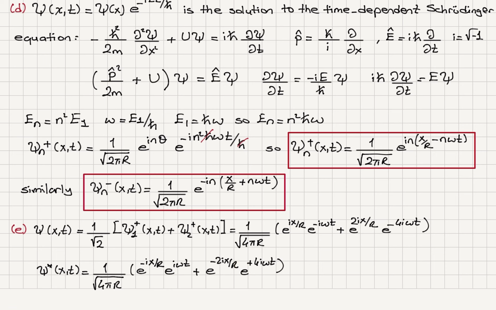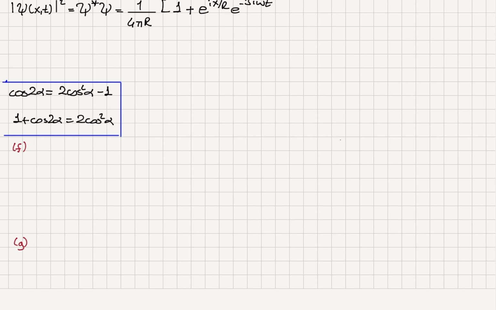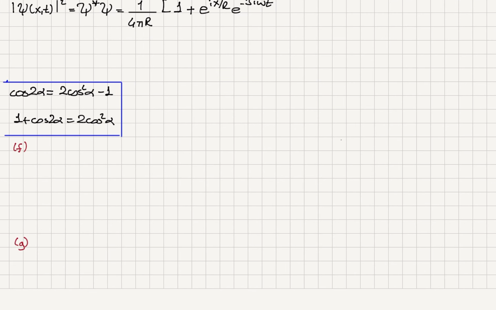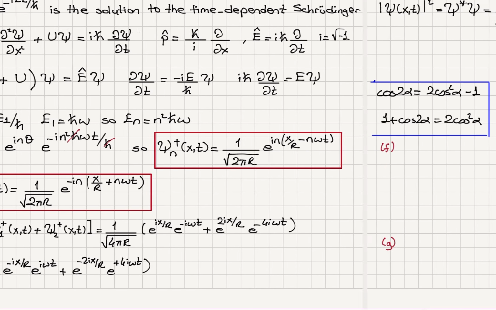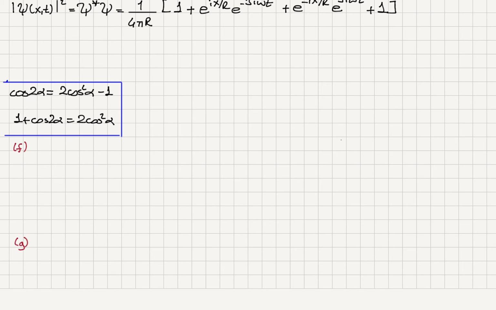This gives us e to the minus i x over R e to the plus 3i omega t. So plus e to the minus i x over R e to the plus 3i omega t. And the last term is again 1 because we're multiplying this with its complex conjugate. e to the i0 is 1.